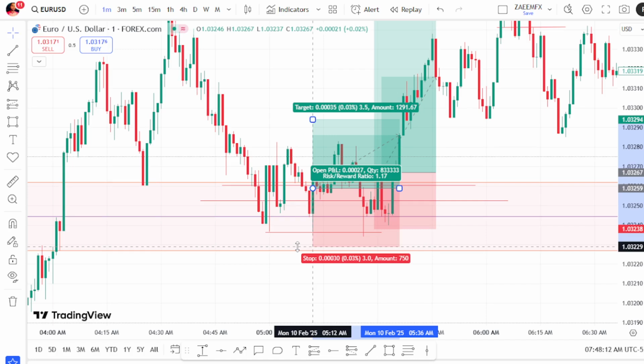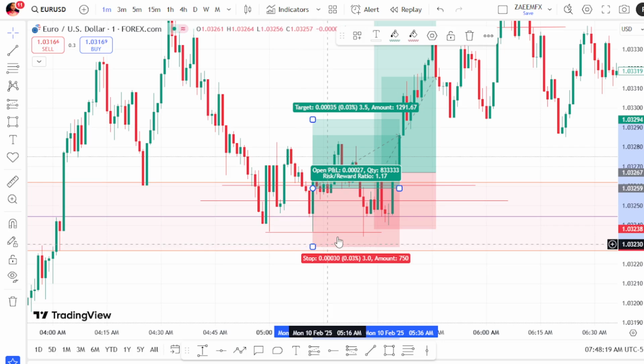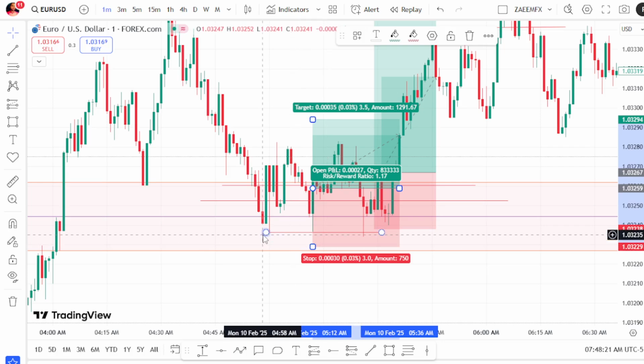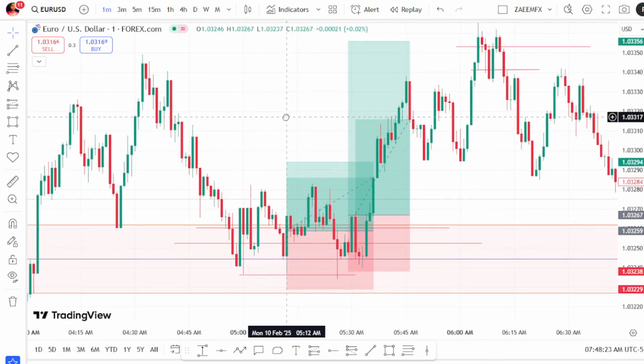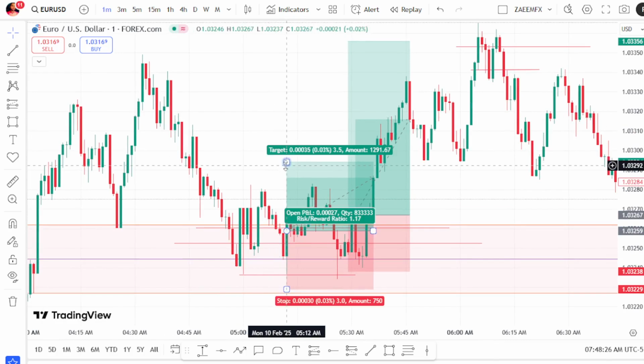So in this case I will use 1 pip below the initial stop loss, because of spread and some other things, so I'm factoring everything in.